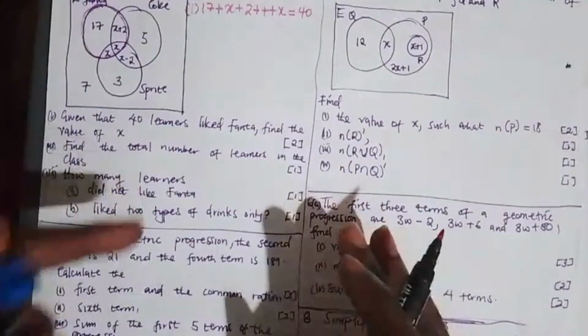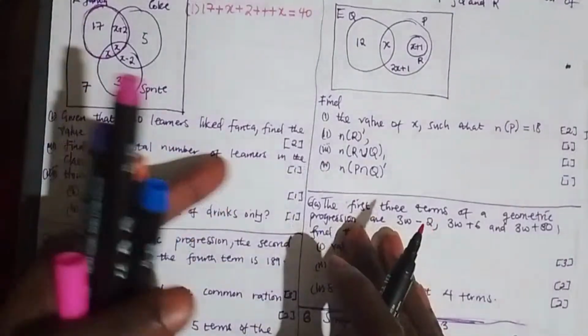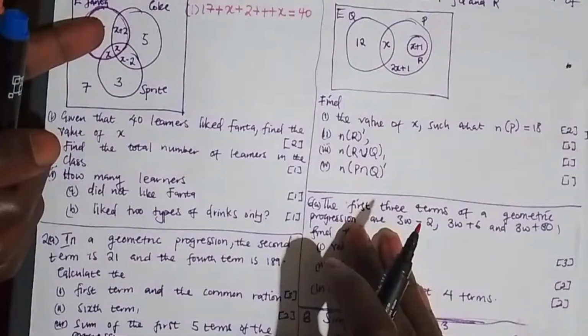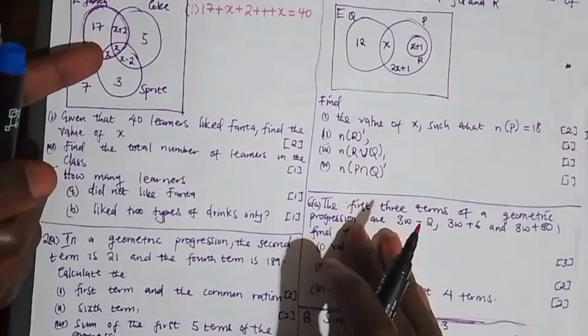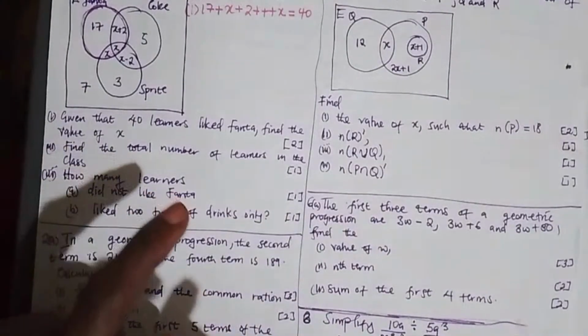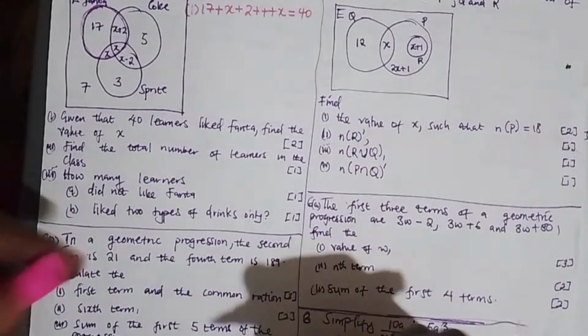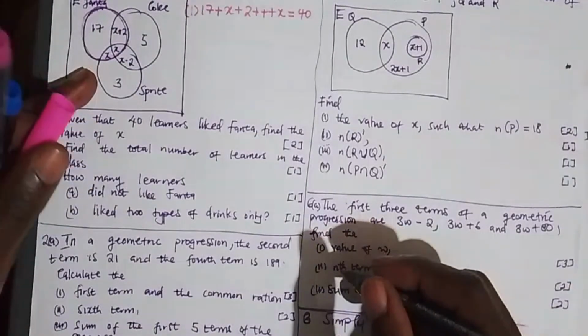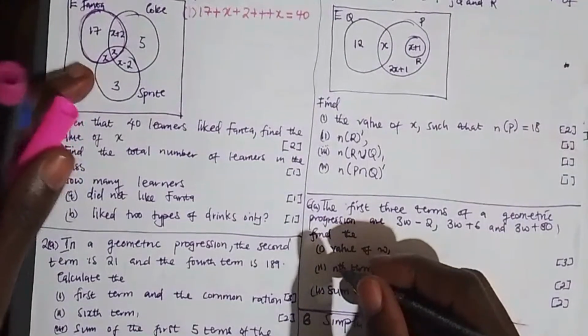Those learners who liked Fanta are 40, and the circle representing Fanta contains 17, x, plus 2, x and x. Yeah. So the second step you need to do here is group the like terms. Whatever has x, you group them together.